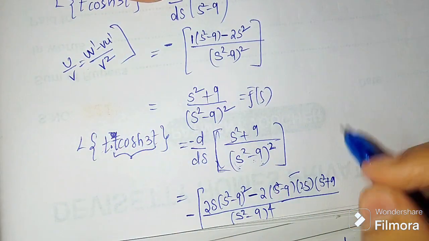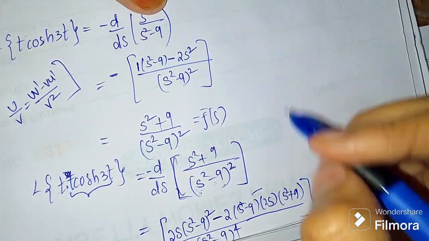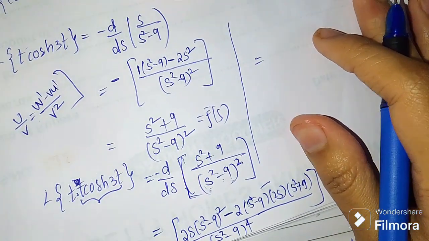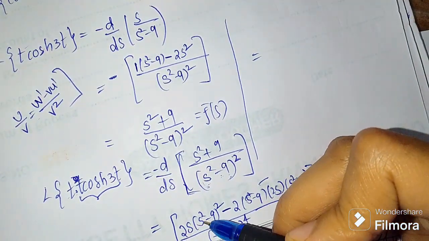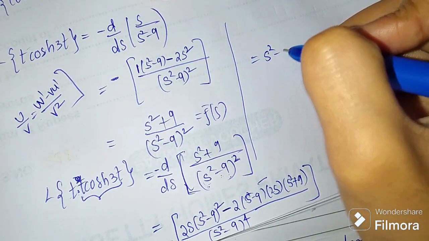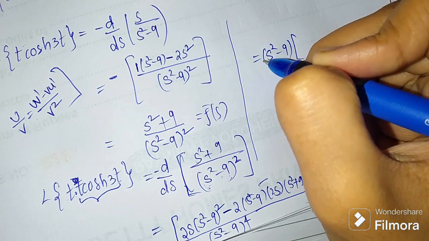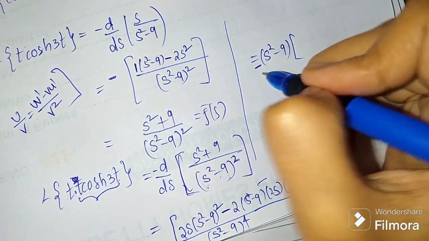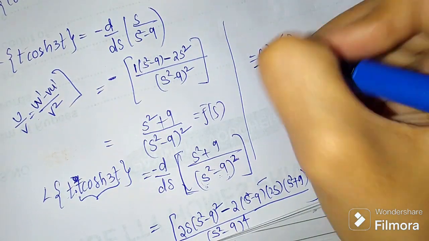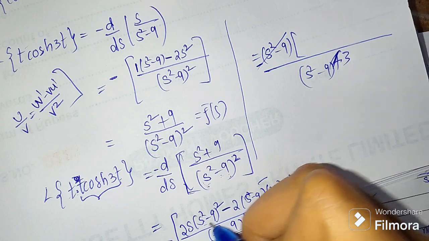vu dash. So now this if you find, so see, I'm writing here. So 2s cube, first we will take (s square minus 9) common, okay? Minus is there, okay? I'm putting here minus. (s square minus 9) whole power 4 cancels and it becomes 3. Inside, here 2s into 1 more is there.